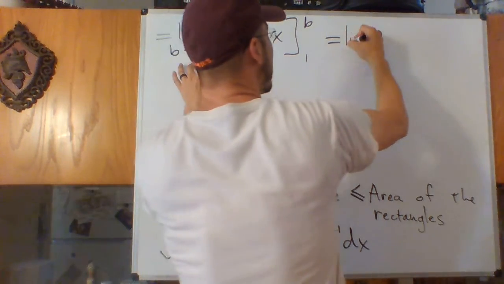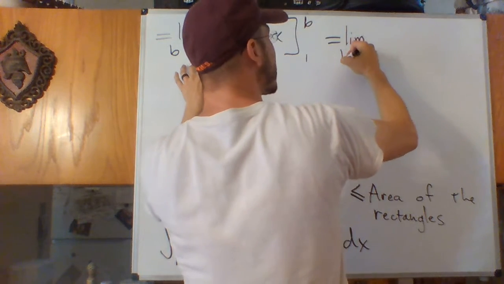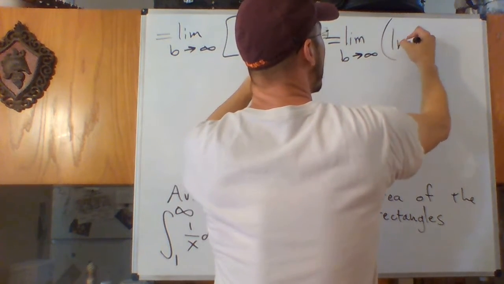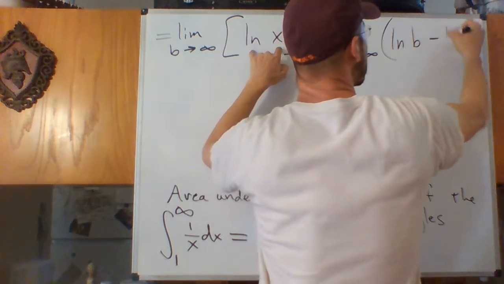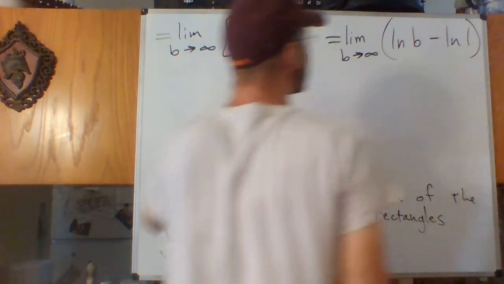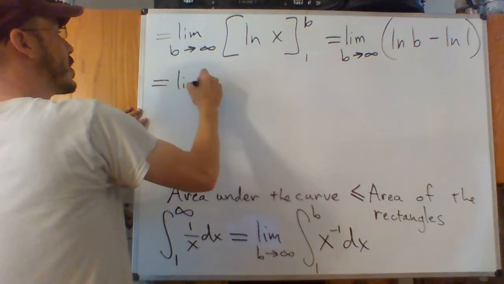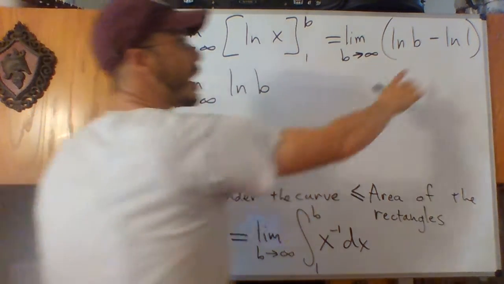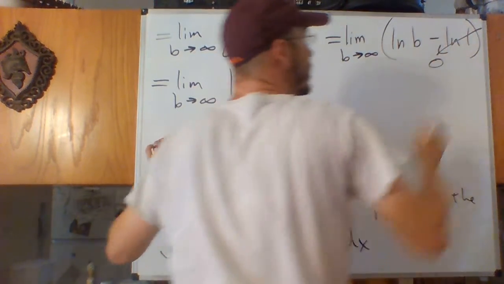The fundamental theorem of calculus gives me that that's equal to ln of b minus ln of 1, which is the limit as b goes to infinity of ln of b. ln of 1 is 0.